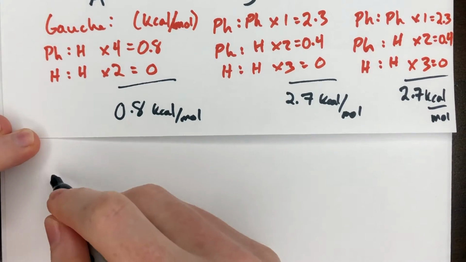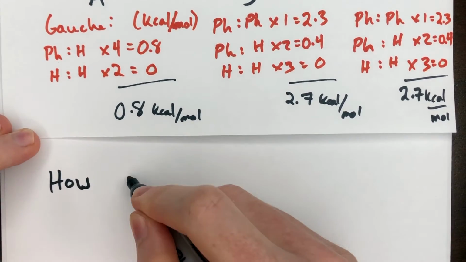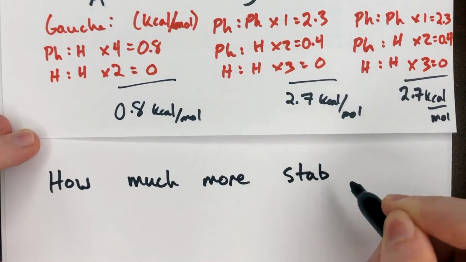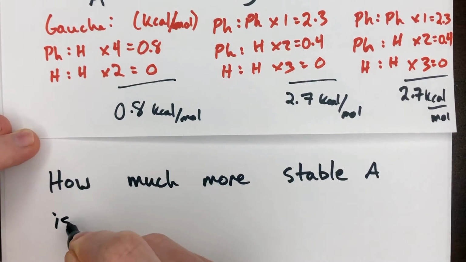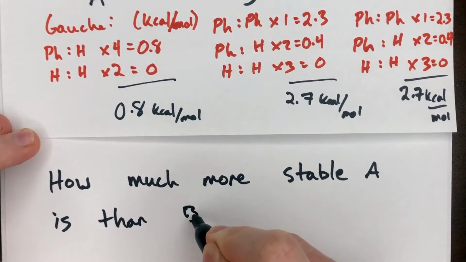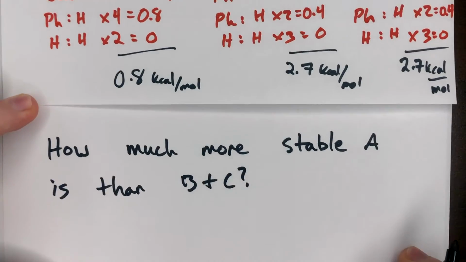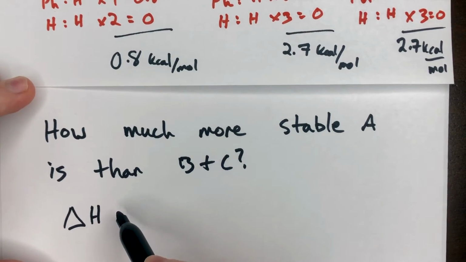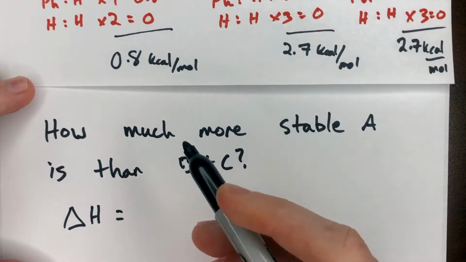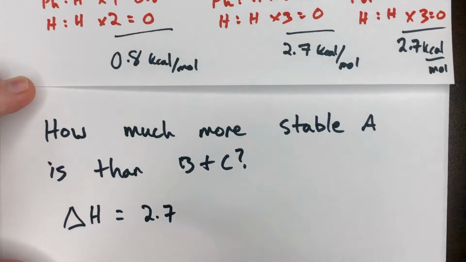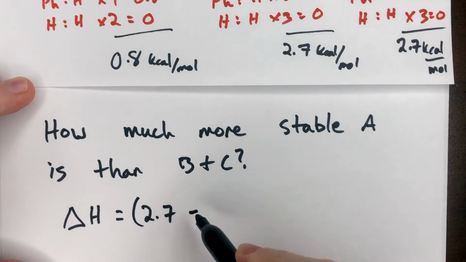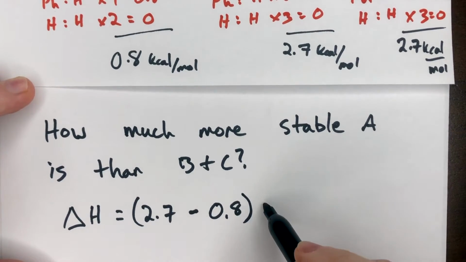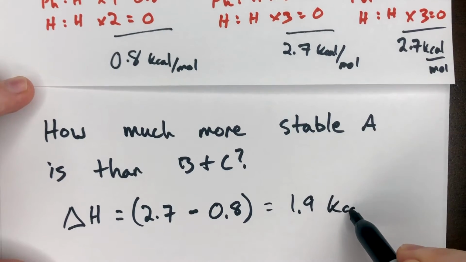So to calculate how much more stable A is than B and C in this case, because they're equivalent, what you do is, again, this is all enthalpies, so delta H, you take the difference, which is 2.7, the larger value, that is B, minus the lesser value, which is A, and that gives us 1.9 kcal per mole.